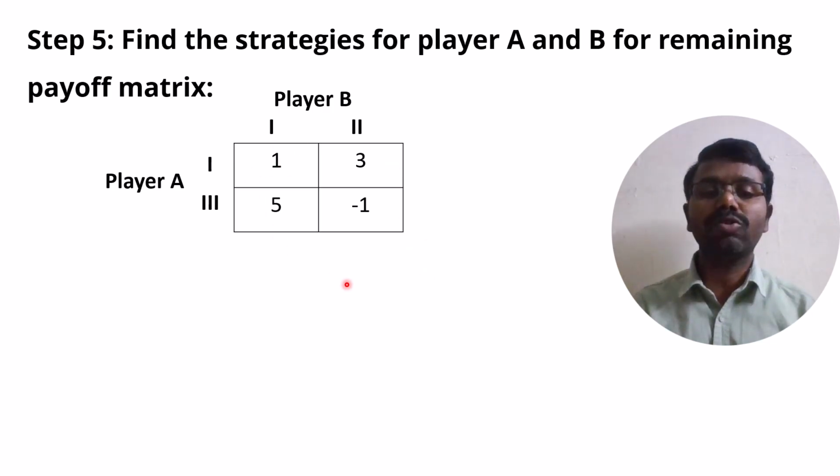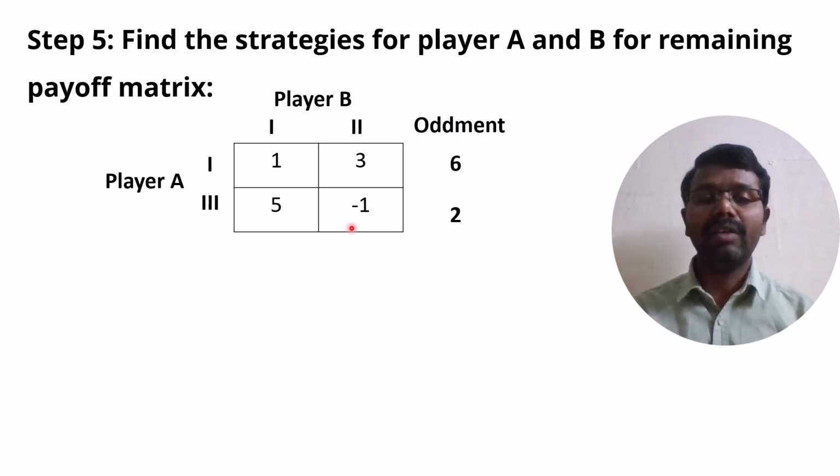So now it becomes a 2 by 2 matrix, and we can easily apply the oddments method. The oddment value for the row is the difference between 5 minus minus 1, which is 6, and 2 minus 1 minus 3 minus 2, but the determinant becomes 2. Again the oddment value for the column is 3 minus minus 1, which is 4, and 5 minus 1, which is 4.